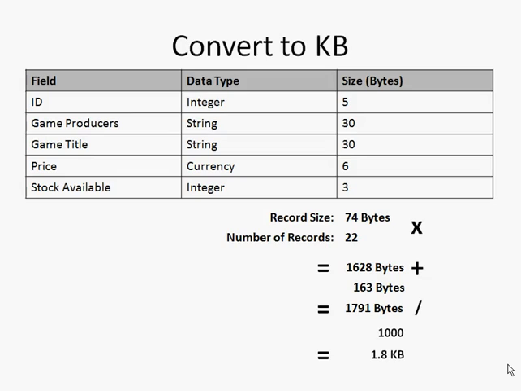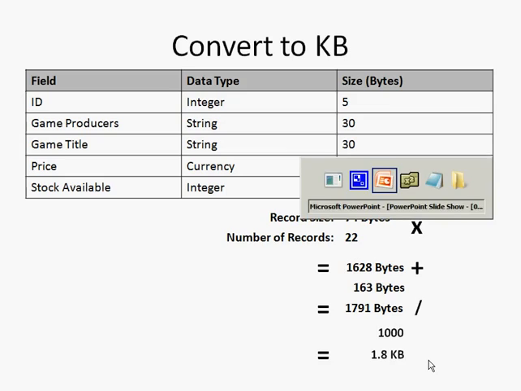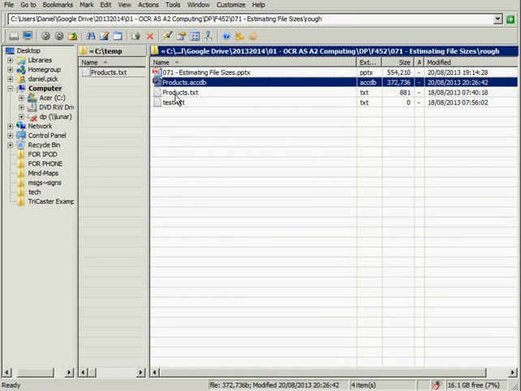Although this next bit isn't really too necessary for this type of question in an exam, it's just useful to know. We estimated our file size for 22 records might be about 1.8 kilobytes. If we go and look at the database equivalent, which has got the same 22 records in there, we can see it's a whopping 372 kilobytes roughly there.